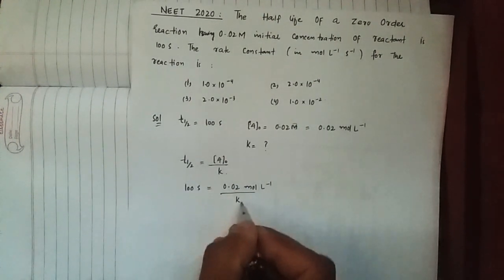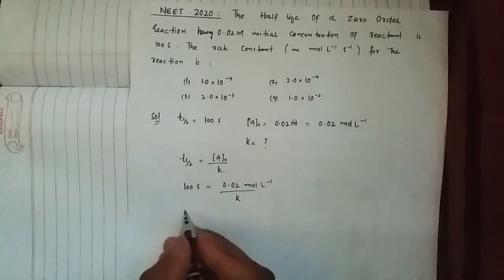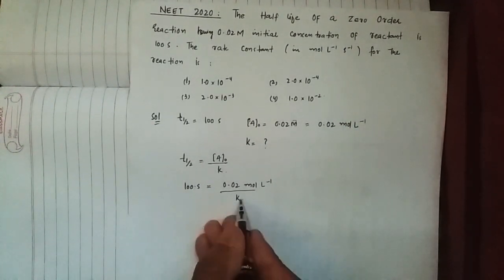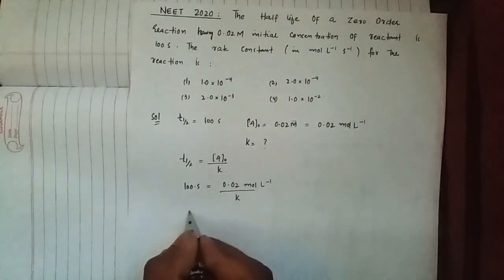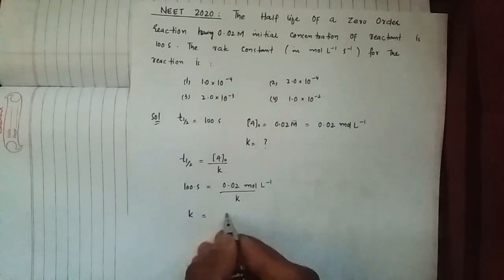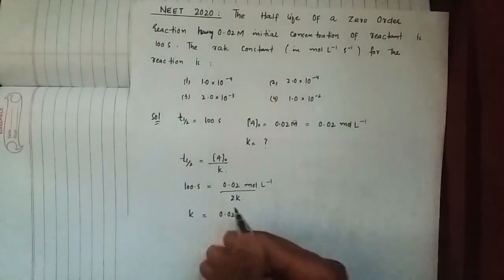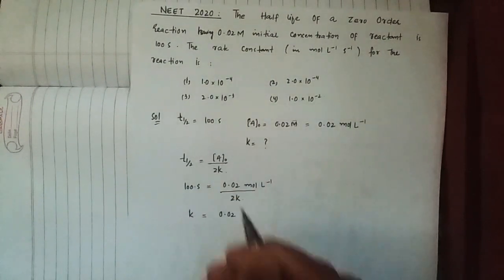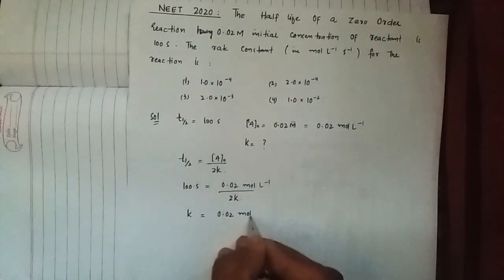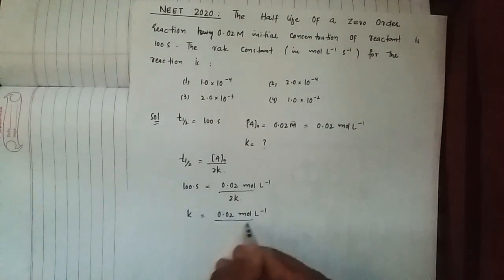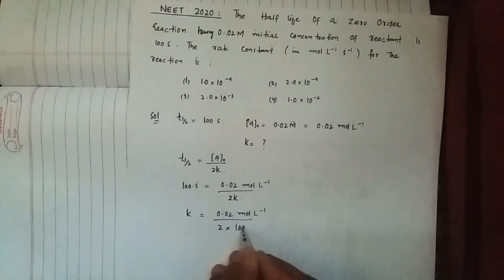K we have to calculate. Now simply rearrange this equation. We will shift 100 seconds to the denominator and K to the numerator of left hand side. It will be K equal to 0.02 moles per liter divided by 2 into 100 seconds.